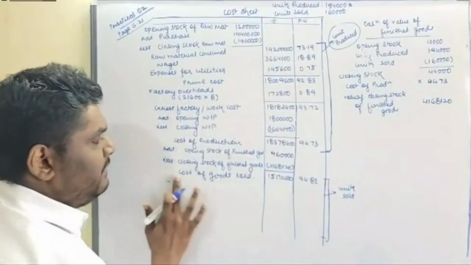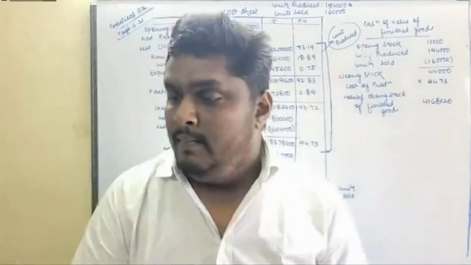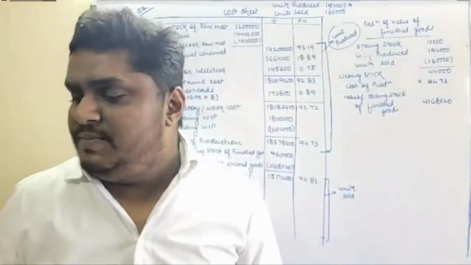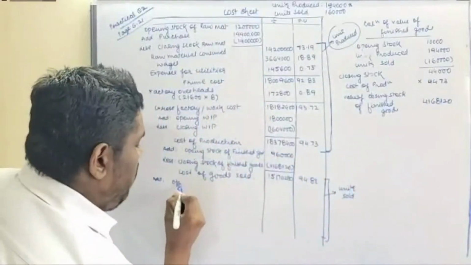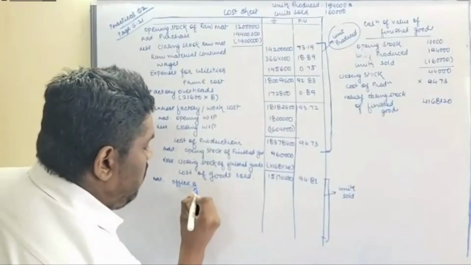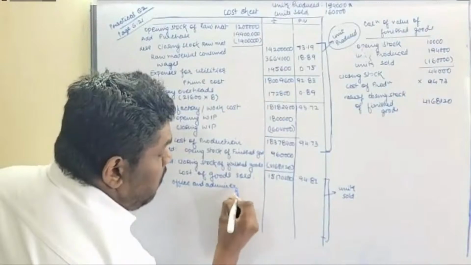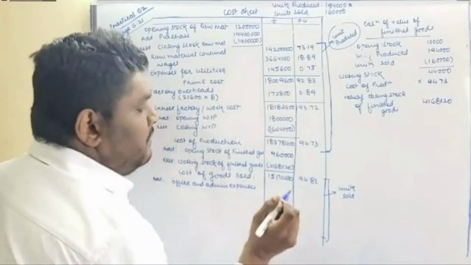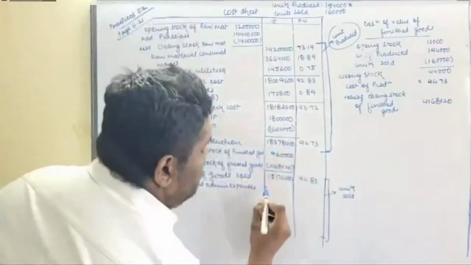Herein we will add the office and administration expenses, that is 26,52,000.